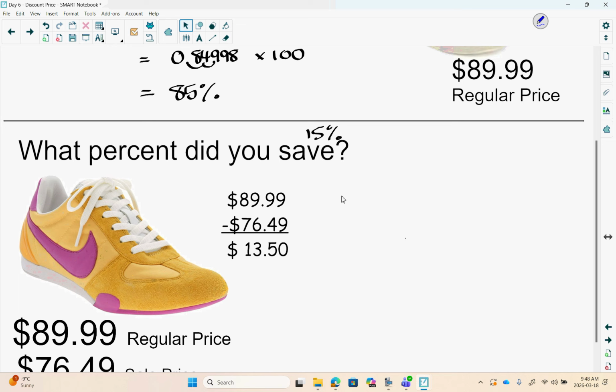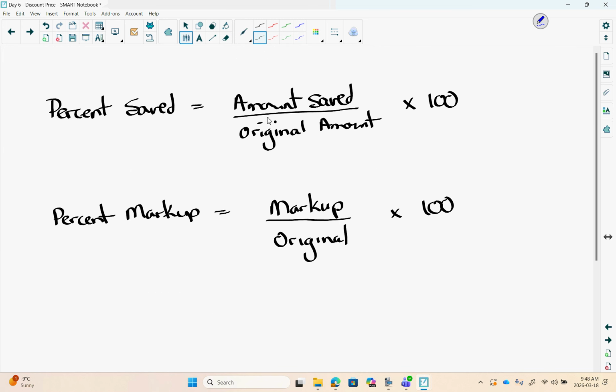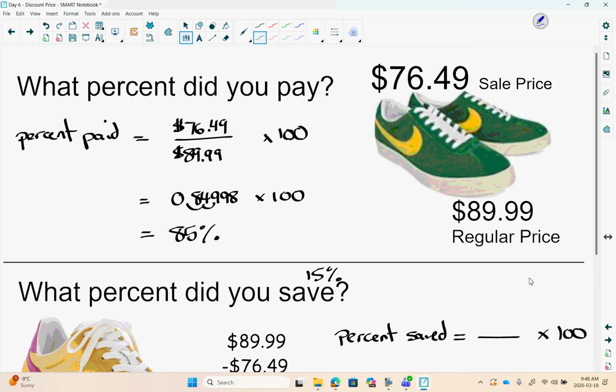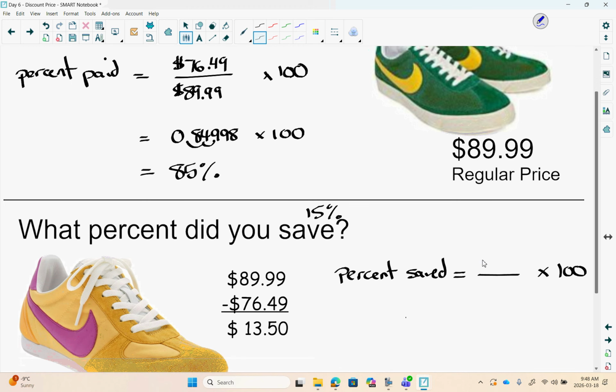When it comes to the percent saved, what number goes on top this time? The amount we saved, okay? I'm using this formula right here, or the savings. In this case, I'm putting $13.50 over the original price, $89.99.